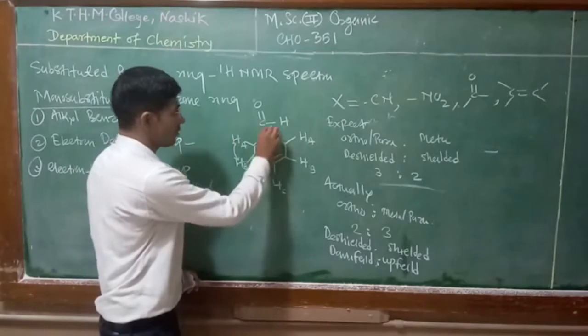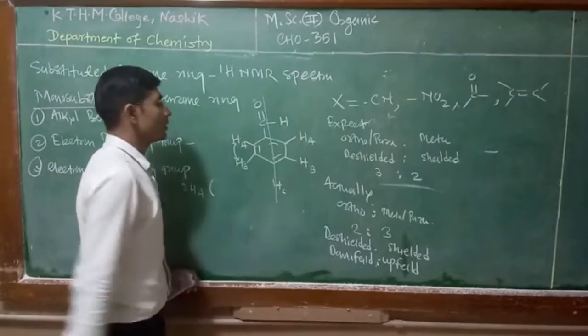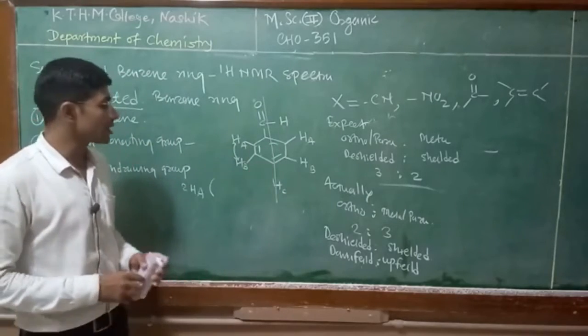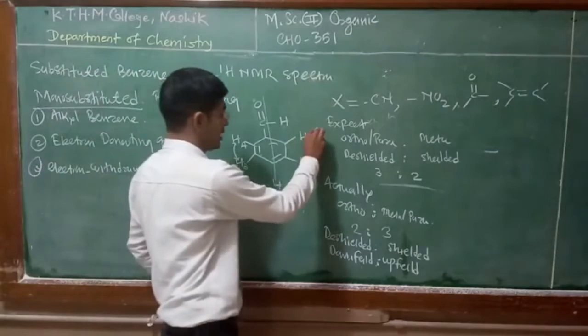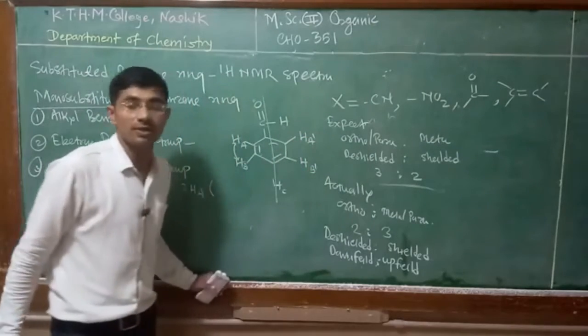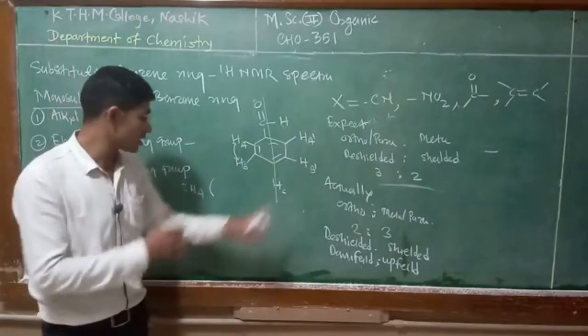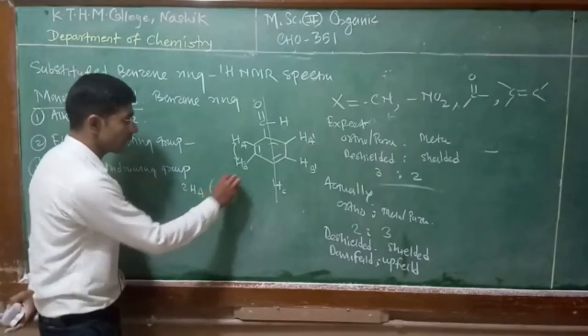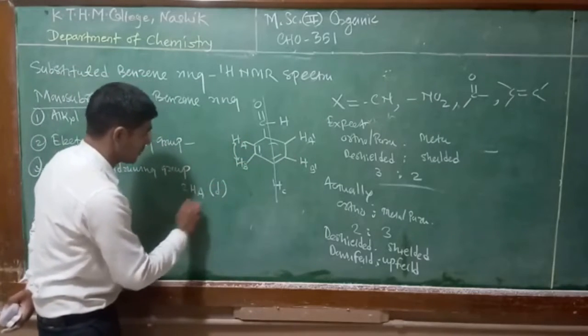Actually, we can pass a plane of symmetry by symmetry consideration. This proton is Ha, suppose Ha dash, and Hb dash. They are chemically equivalent but magnetically not equivalent, but we are not considering this here. The Ha proton simply gives a doublet signal.